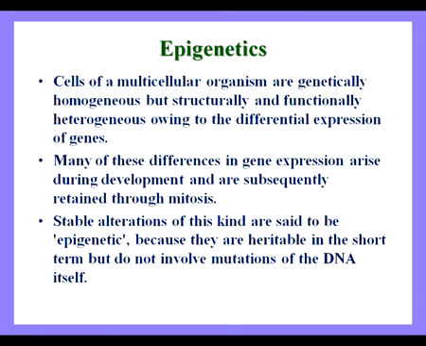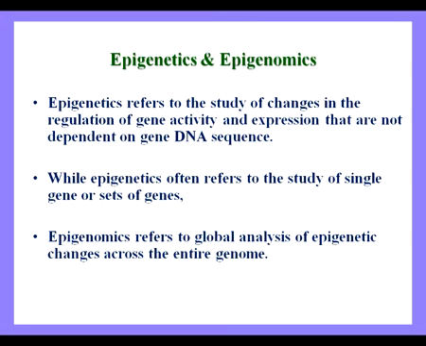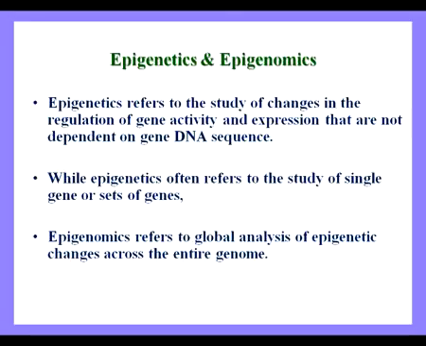We have already said that the epigenetic changes do not involve changes in the sequence of the DNA. Epigenetics refers to the study of changes in the regulation of gene activity and expression that are not dependent on DNA sequence. We have to understand first the basic premise of the genetic makeup of an organism: whatever we have inherited remains constant throughout the life cycle of an organism.